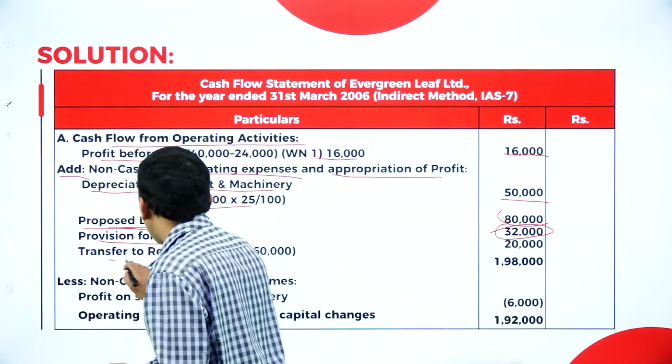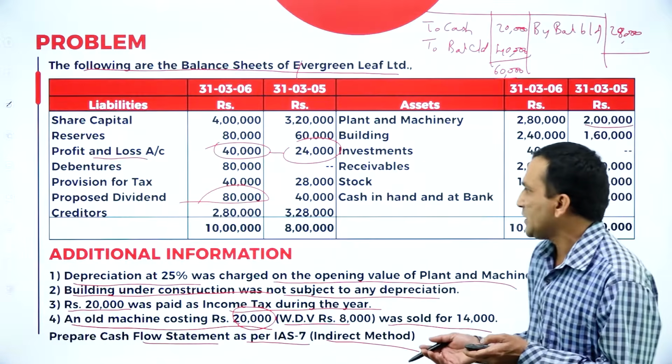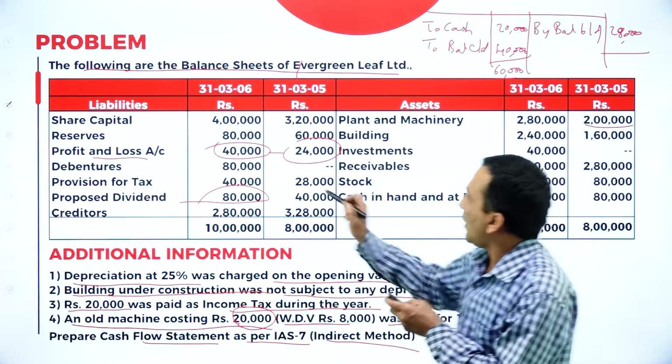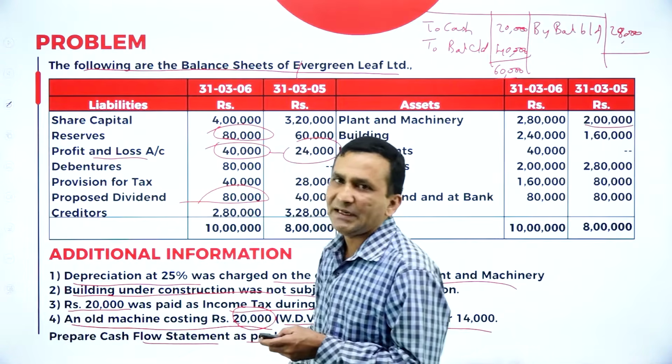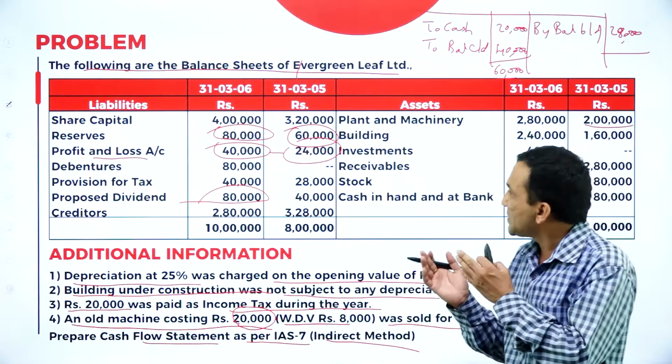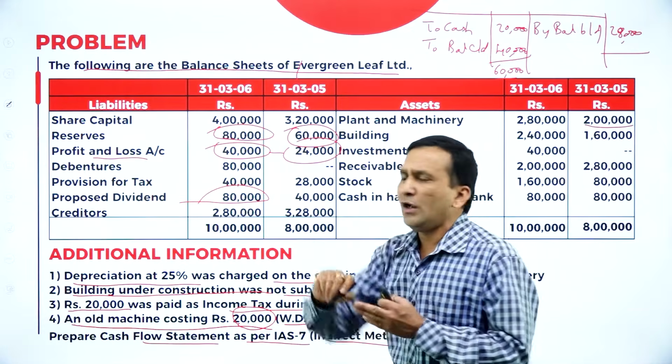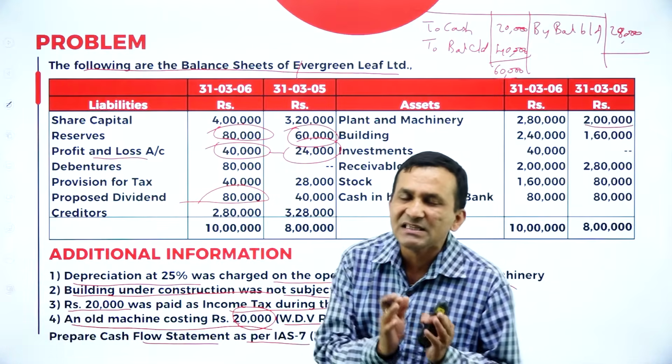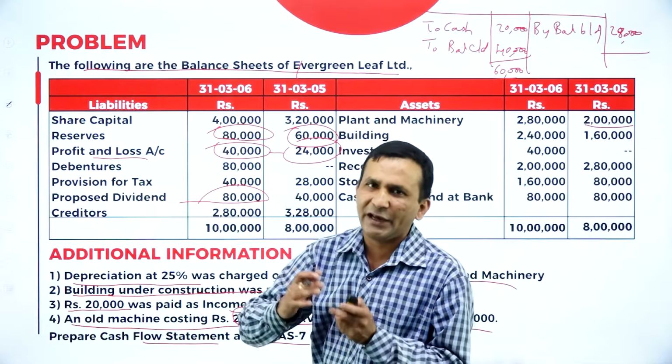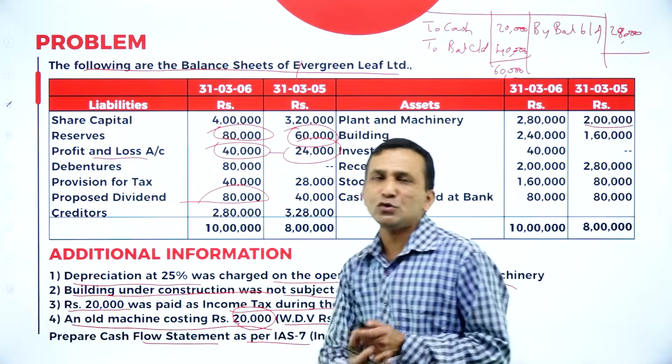Now the transfer to reserve. There is one particular column. See, the closing date is 80,000, opening date 60,000. If the opening date figure has increased, there is a chance of transfer. The extra 20,000 you transferred.